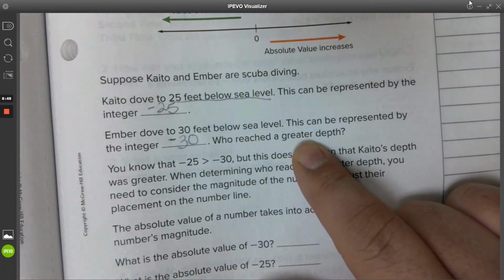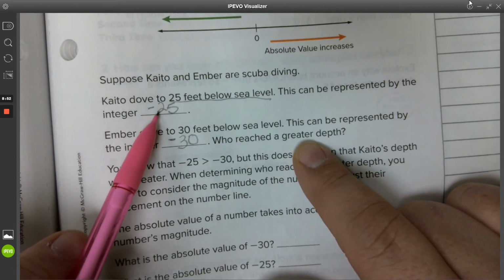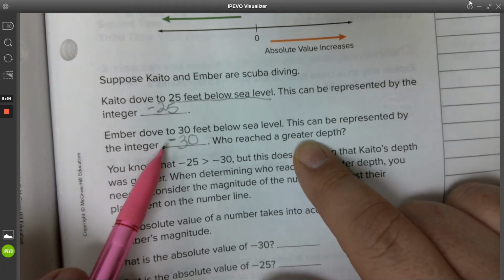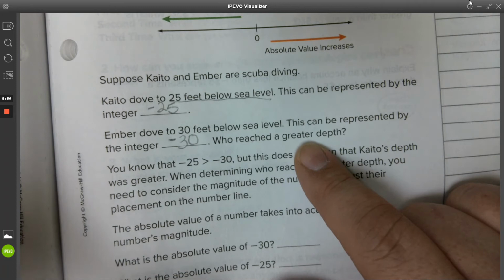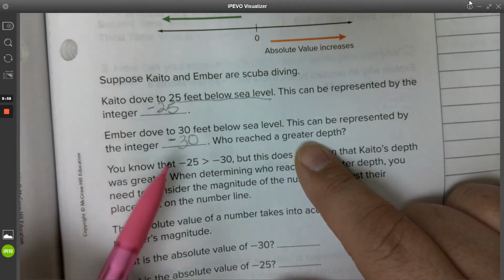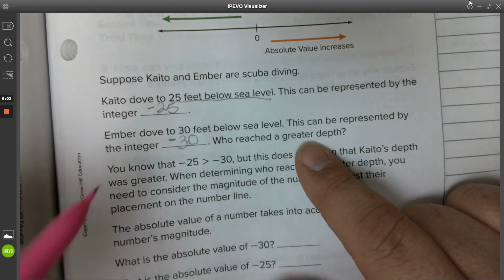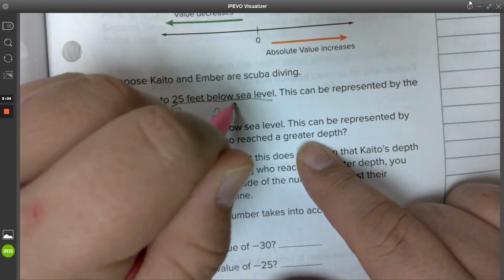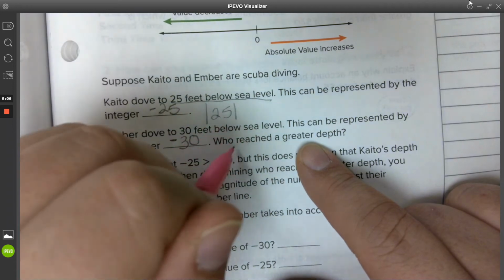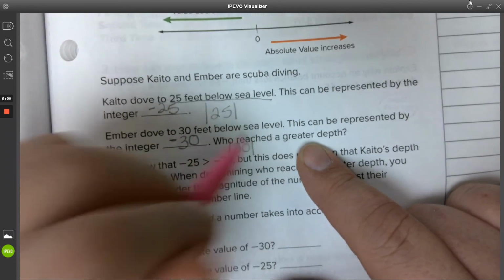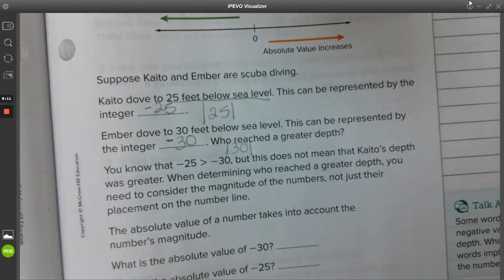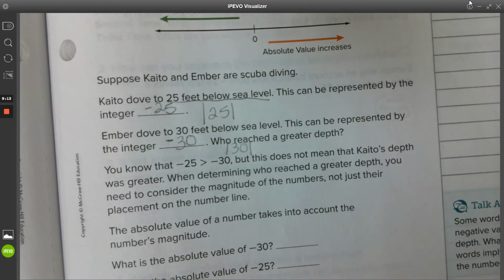So who reached a greater depth? So now we're talking about the absolute value. Who has a greater absolute value? Well, -25 is 25 away from 0, right? We would say this is an absolute value of 25. -30 would be an absolute value of 30. So which one here would actually be greater?